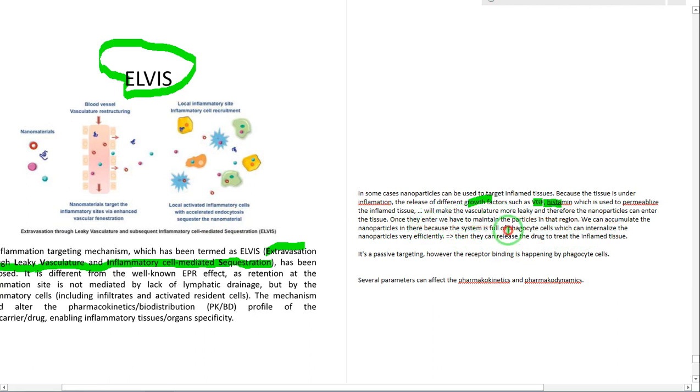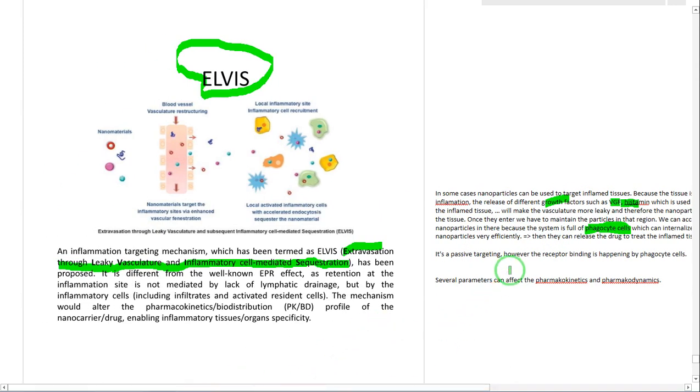The macrophages are phagocyte cells, and when the particles enter there, they will be taken up by the macrophages and they can accumulate there. Then after that, the drug can be released or diffused out of the nanoparticles and treat that inflamed tissue.